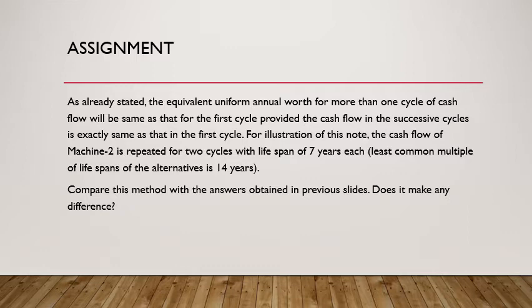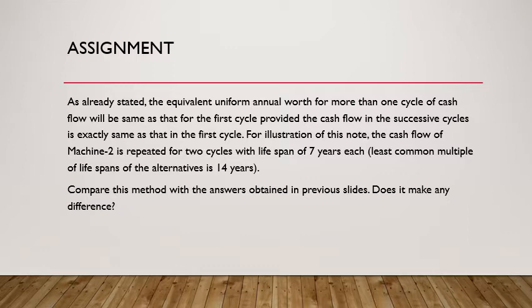That is because it is equivalent annual worth. The word equivalent means irrespective of the number of years, when you convert any cash flow into A, whether it is 7 or 14, it will remain the same, because every other cash flow also gets converted. So that's why the equivalent annual worth will remain the same.